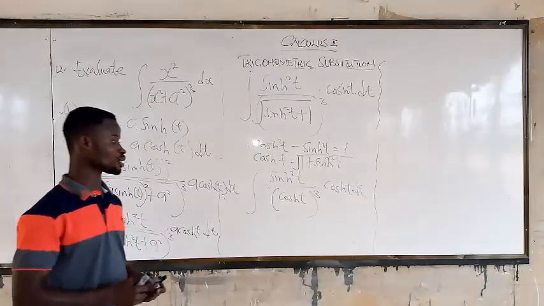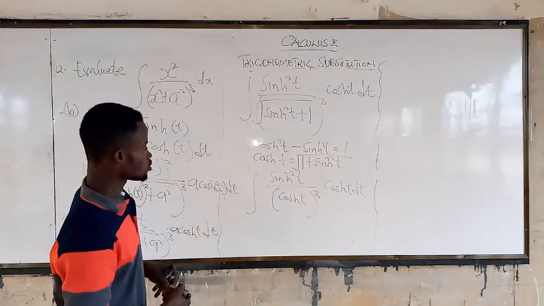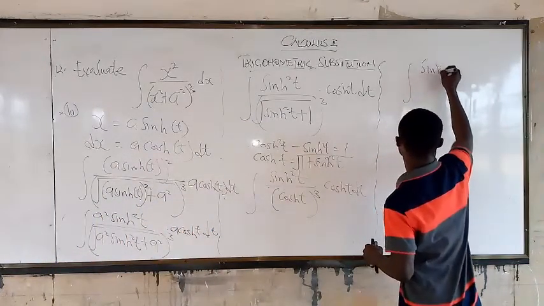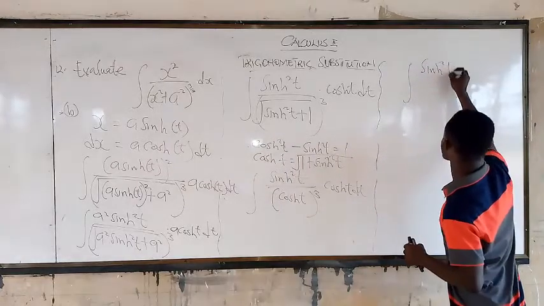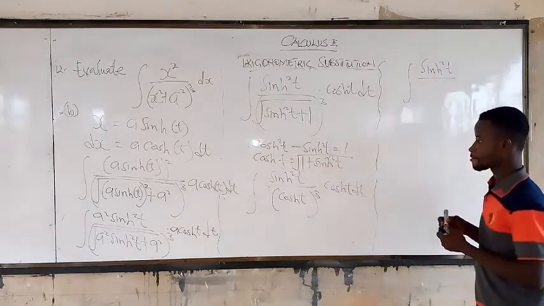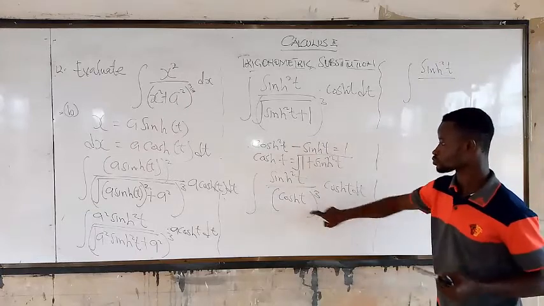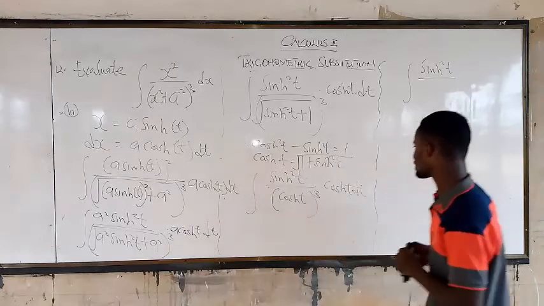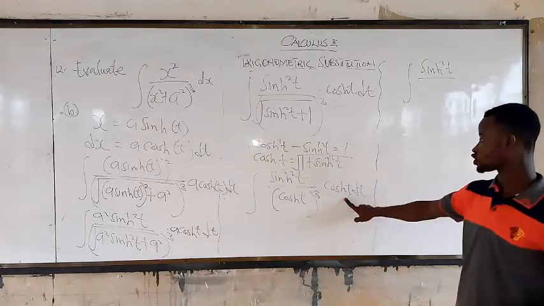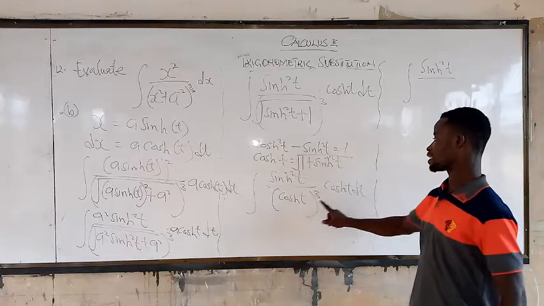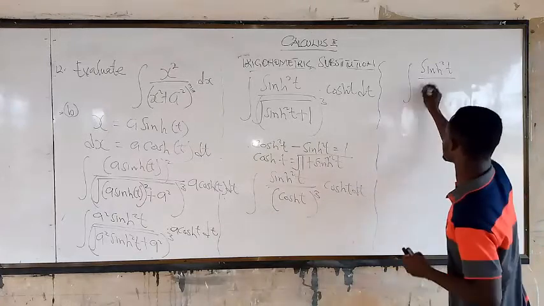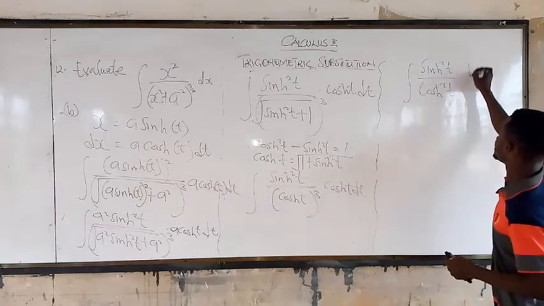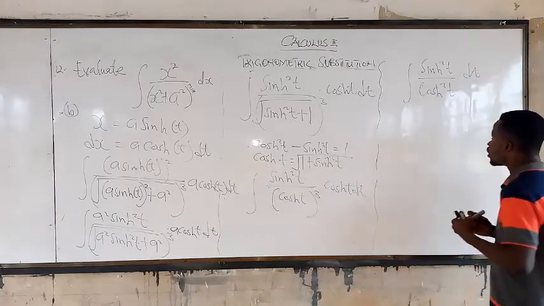I hope you can see from the board. So here we now get the integral of sinh squared t over, and don't forget that the cosh t here is to the power 1 and here to the power 3, so we are going to get cosh squared t, dt.